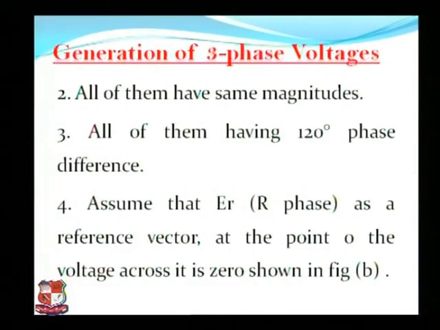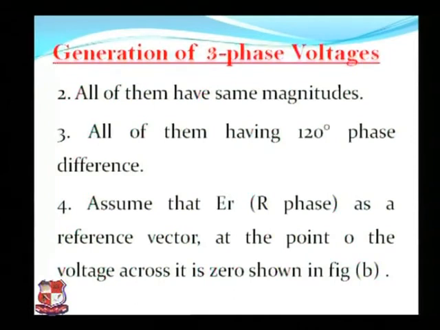All of the voltages ER, EY and EB have the same magnitude and peak values, and all of them have a 120 degree phase difference with each other. Now assume that ER, the voltage generated due to the R phase, is the reference vector.